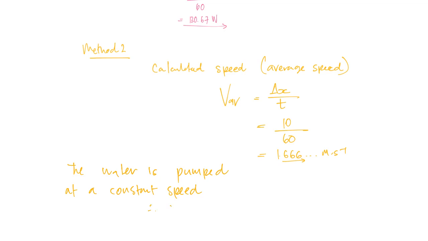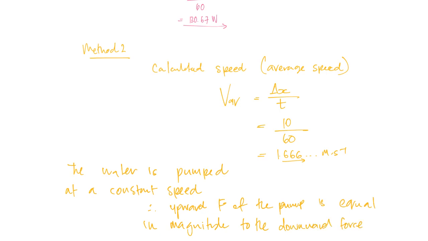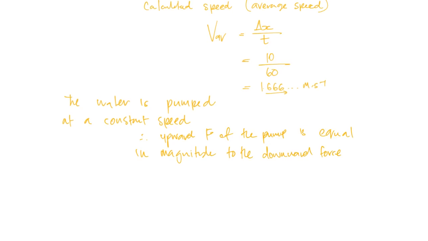And therefore, the upward force of the pump is equal in magnitude to the downward force. Now water has mass, so that downward force is actually weight, or rather gravity.